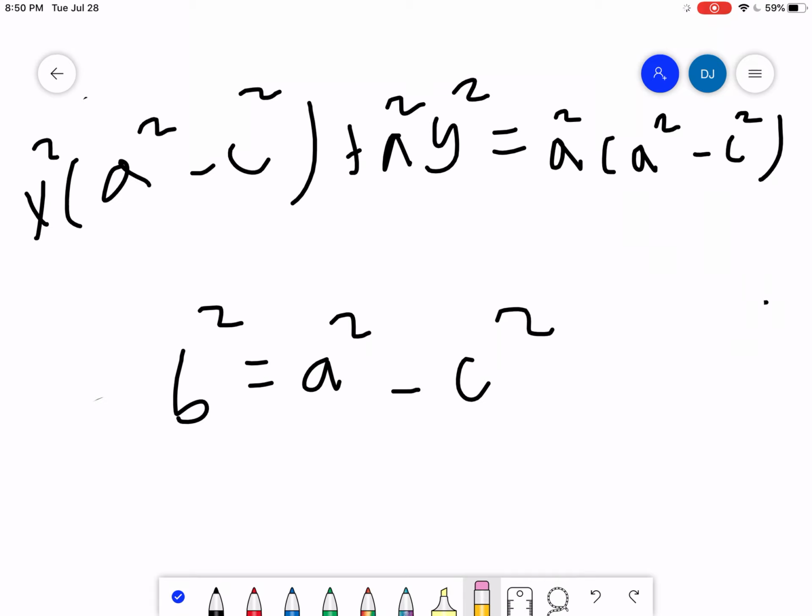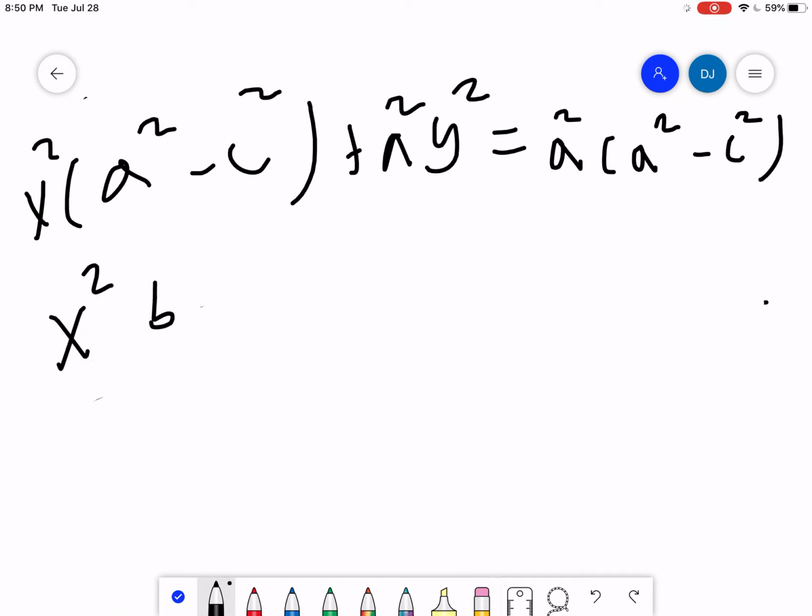So now the second step is to substitute b squared in for all the a squared minus c squared. If we substitute b squared, we get x squared b squared plus a squared y squared is equal to a squared b squared.